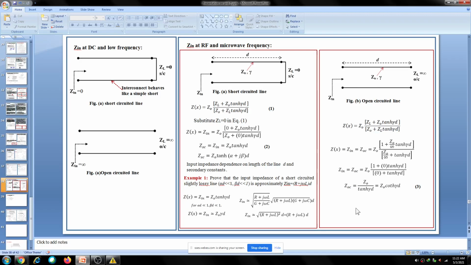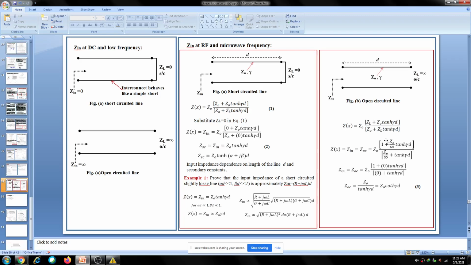Sometimes they may ask you to obtain an expression for ZSC and ZOC of a lossy transmission line. Then you should start from this equation. For a short circuited line, you just substitute ZL equal to 0 in this equation and get this. Similarly, for the open circuited line, ZL is equal to infinity, but you cannot substitute infinity directly, because then the terms would be cancelled.